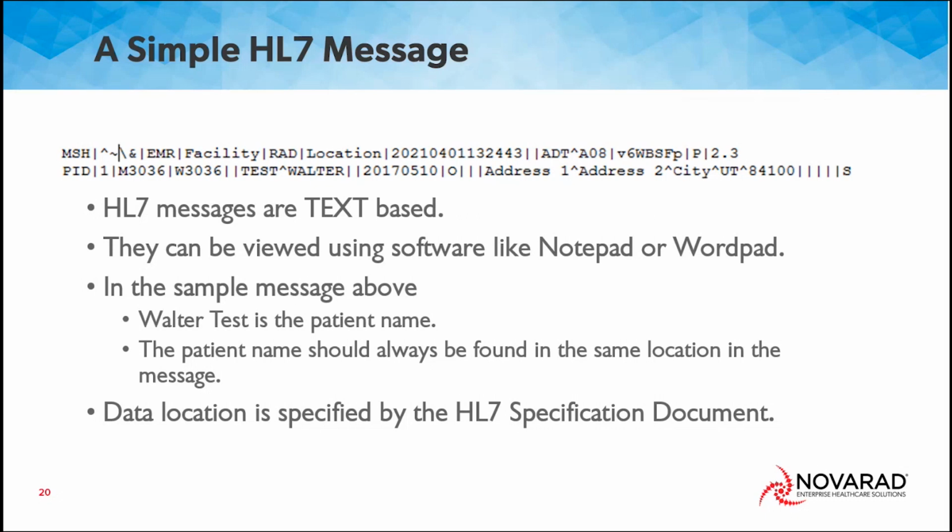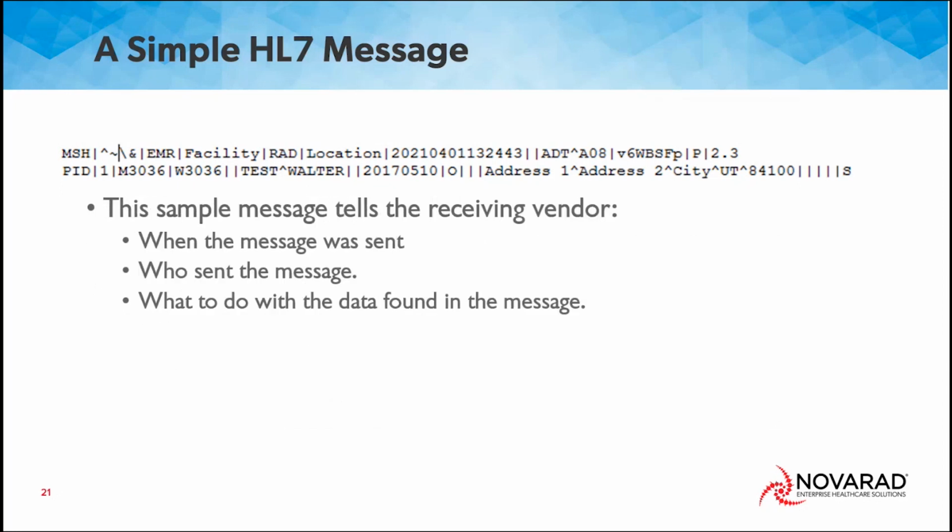That doesn't mean folks might not alter the standard a little bit, but it does mean there is a standard. In this case, Walter Test's name is found in a specific spot in the HL7 message, and it doesn't matter what message you look at. If you're looking for a patient name, it will be in the same spot. We'll talk about the spots in just a second.